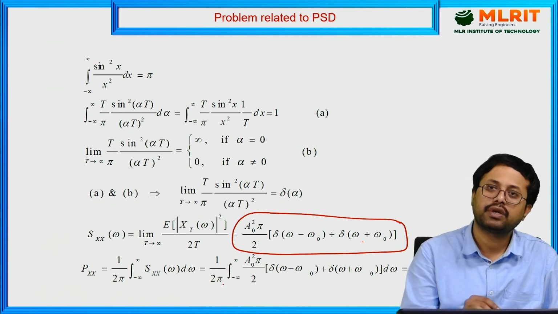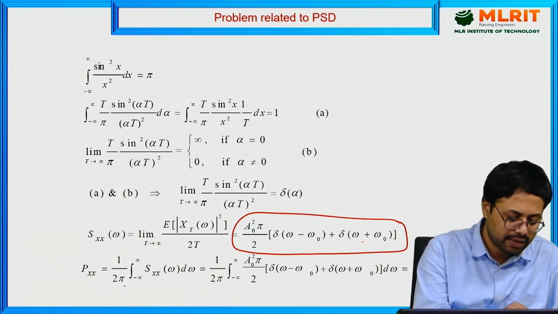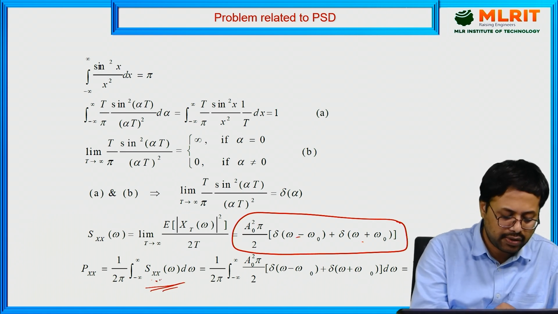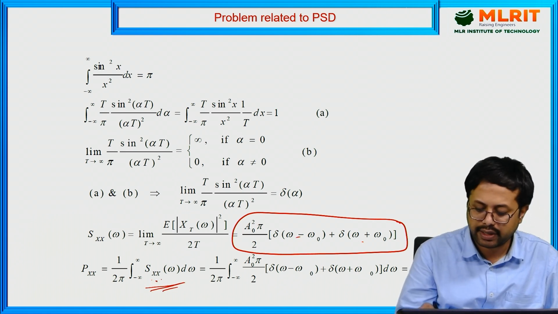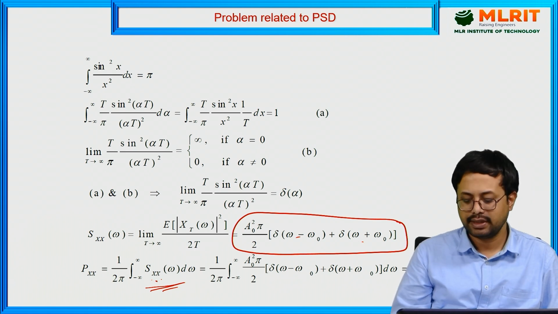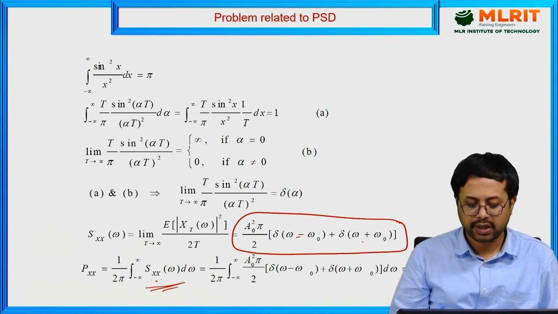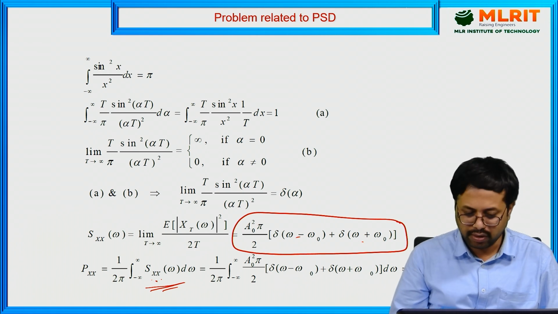Now again we have to calculate the average power. Average power is the area under the power spectral density; substitute it and you will get the average power, that is A naught square by 2. Two methods you can follow based on the two relations.